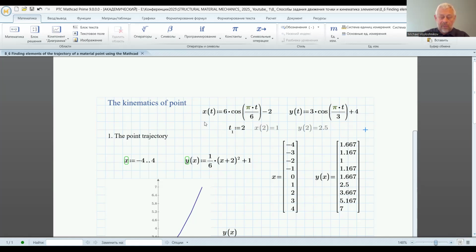Anybody can check the formula for the cosine of the double angle by the square of the cosine. Next, we can define this; we can derive it ourselves without Mathcad, taking the cosine from both sides.